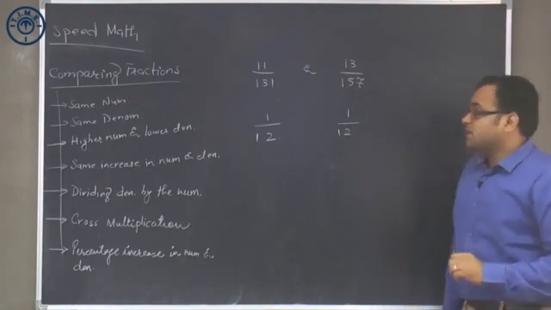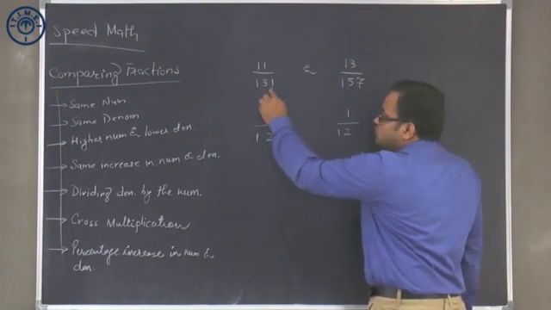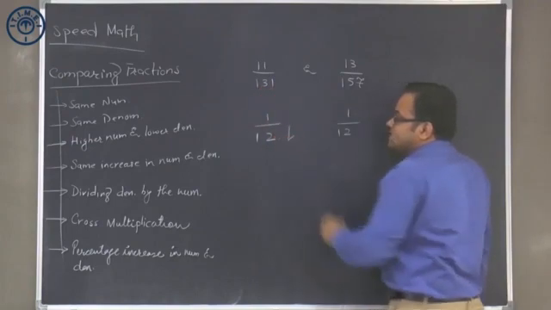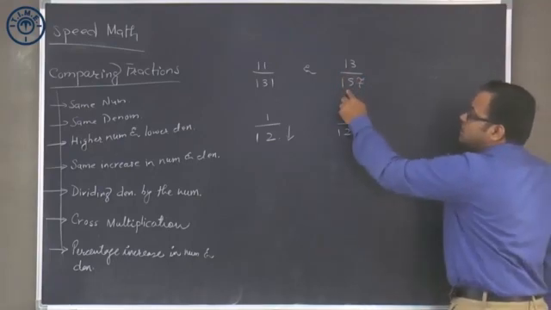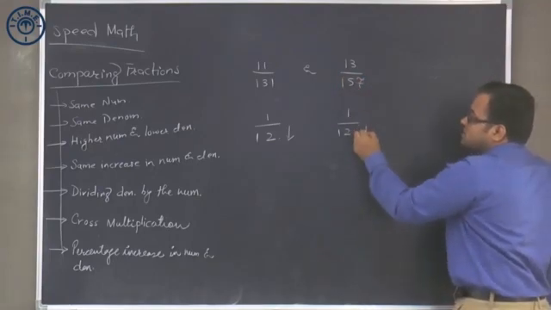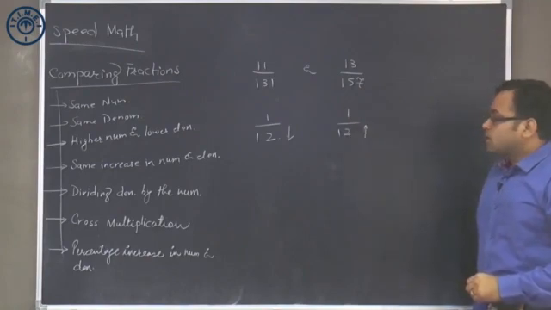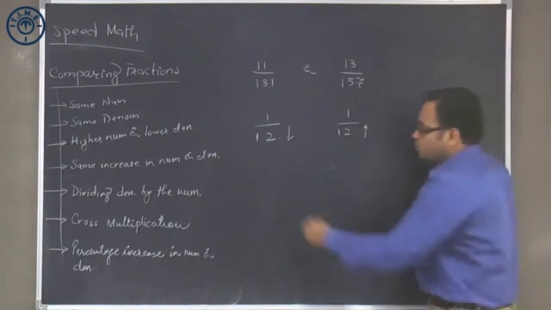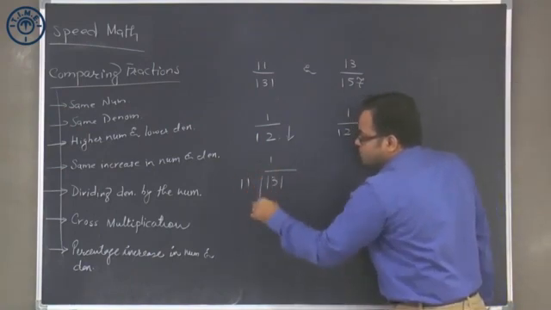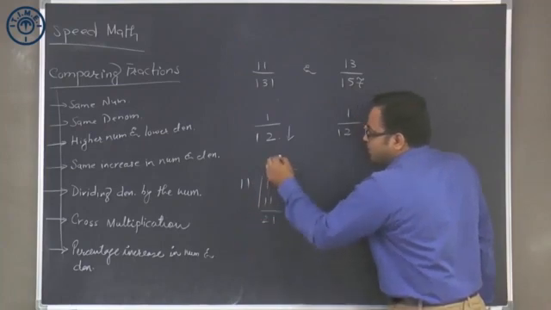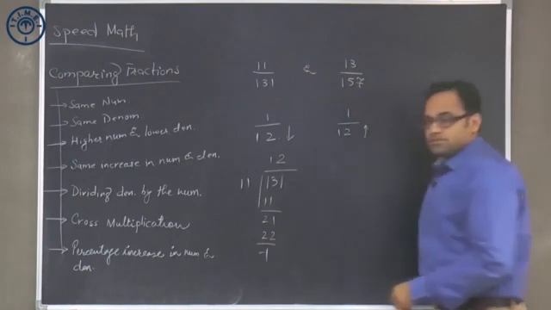What you need to understand here is 11 1 is 11, 11 2 is 22. This was slightly less than 12 point something, whereas 13 1 is 13, 13 2 is 26. This is slightly more than 12 point something. I hope the point is clear. 131 divided by 11, 11 1 is 11, 11 2 is 22, what remains is a minus 1.